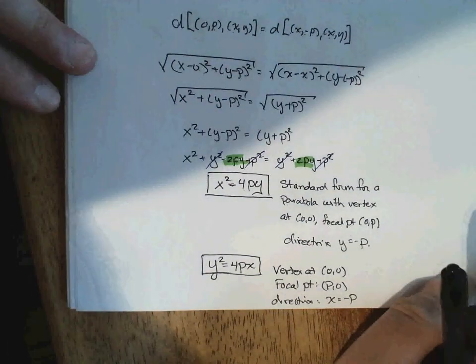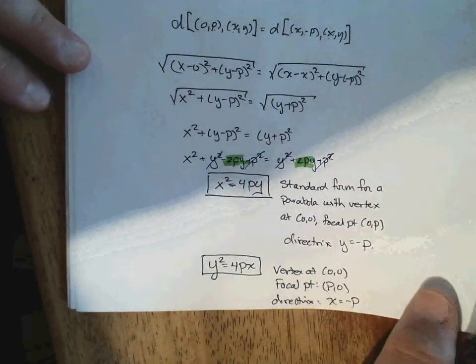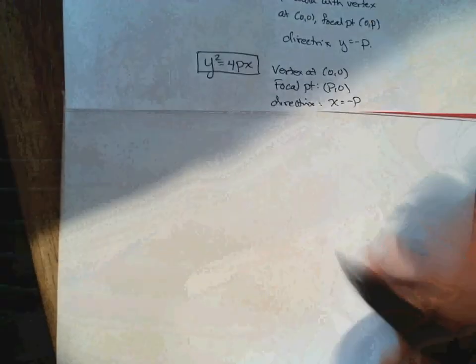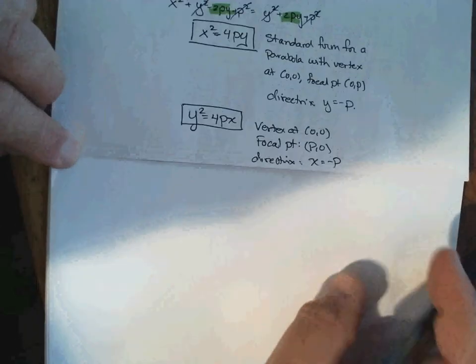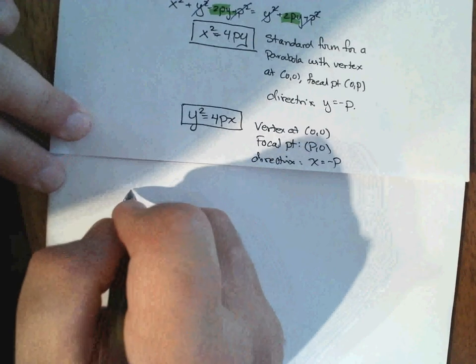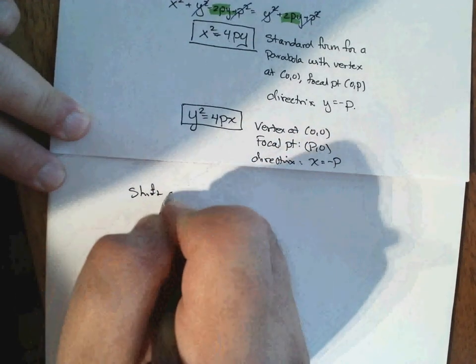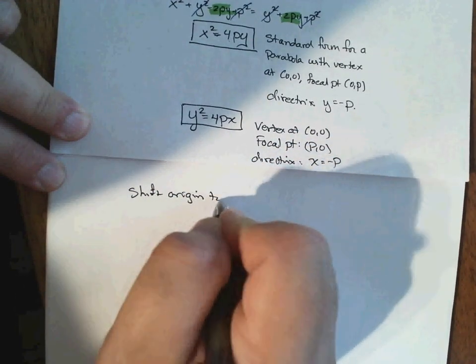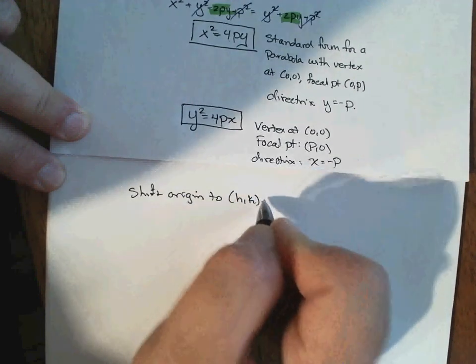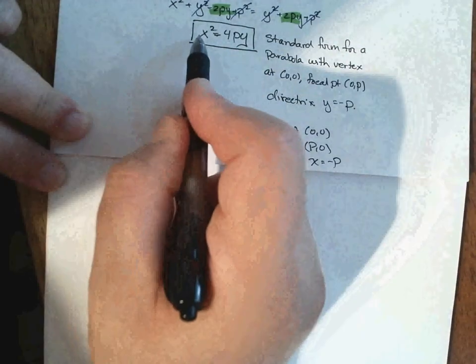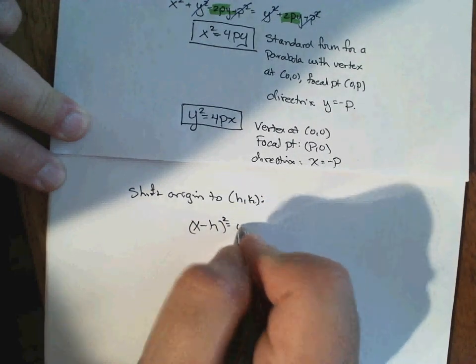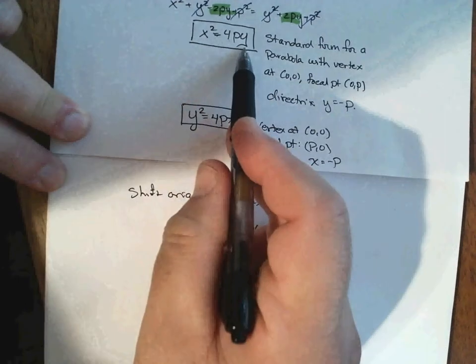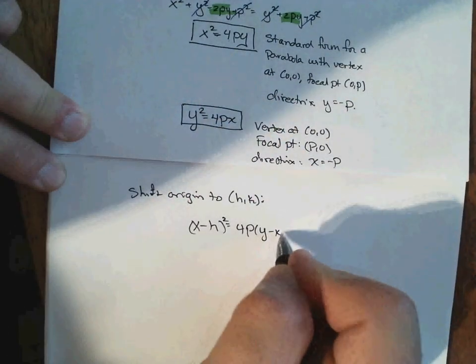Now, the only other variation we can do on rewriting this is to shift the origin. So we can take these now and shift the origin on them. So the way we shift the origin to the point (h, k) is, of course, you take x minus h wherever x appears, and y minus k wherever y appears.